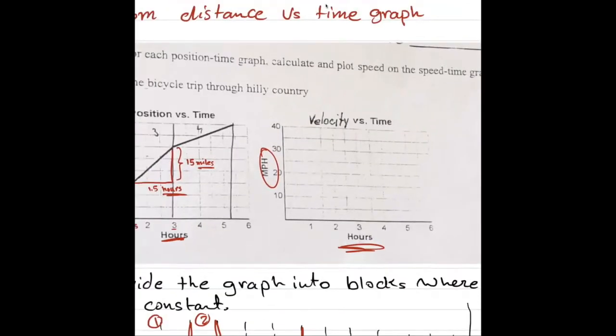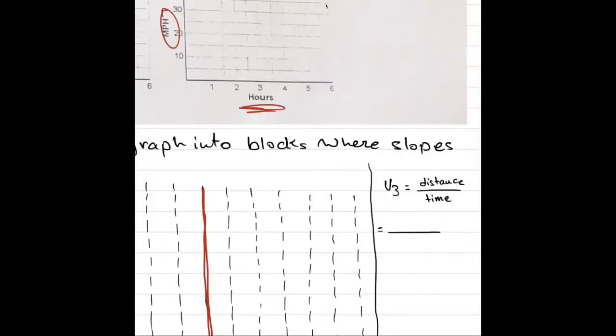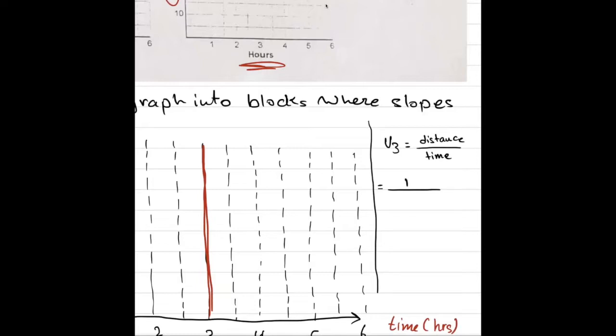So the rise was 15 and the run was 1.5. So we have 15 divided by 1.5. That should give us 10. So our velocity for block 3 is gonna be 10.